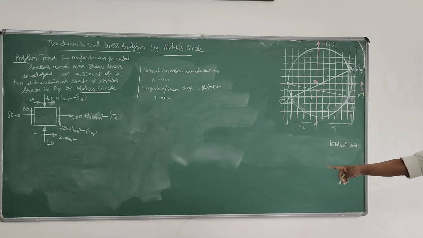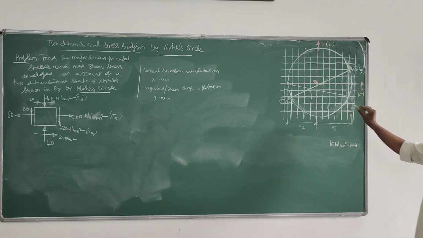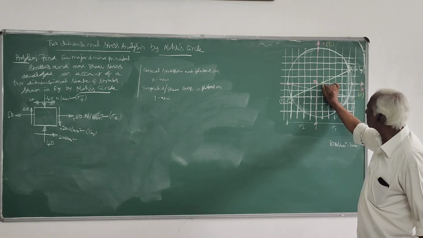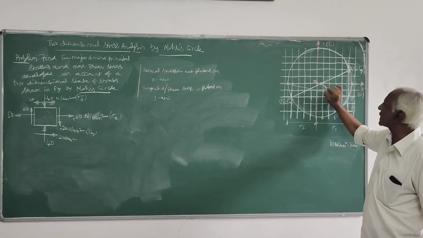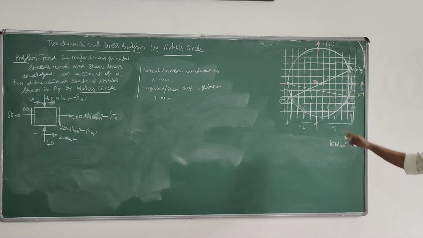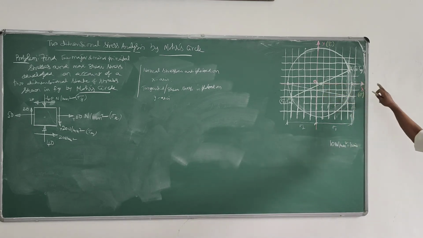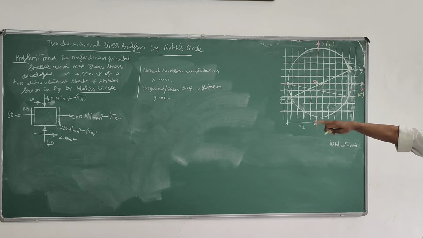After joining A and B, you bisect that. It will exactly bisect on the coordinate x-axis, where it cuts the normal stress axis.